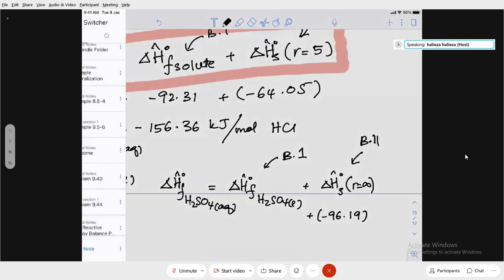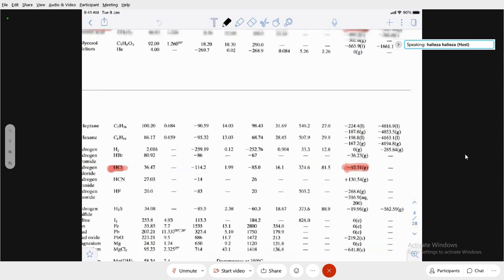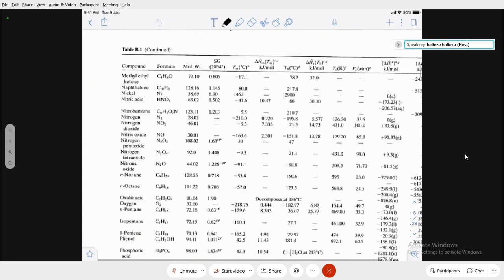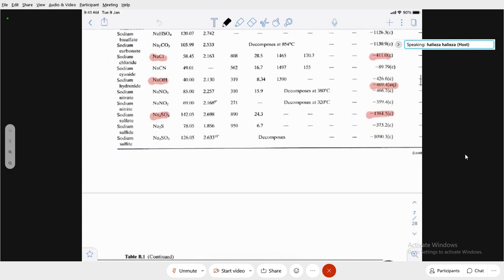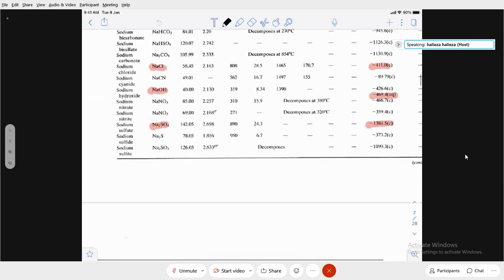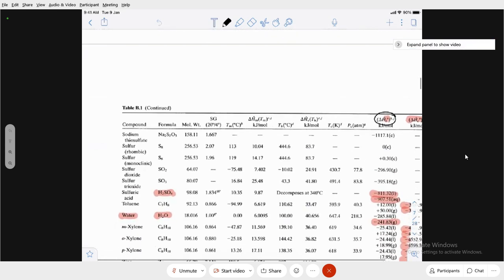So let's go back to our appendix B1 for sulfuric acid, which should be under S. Yes, sulfuric acid. Yeah, there you have it. I have highlighted it. Let me tidy up a bit.